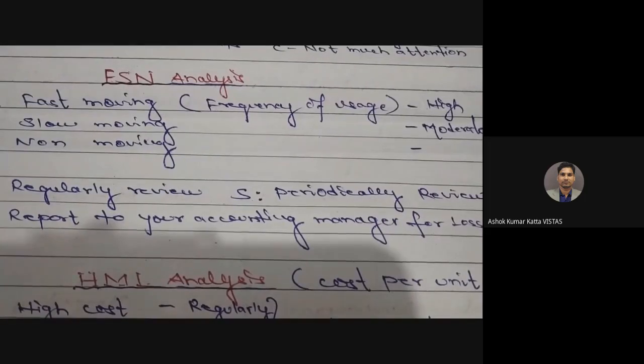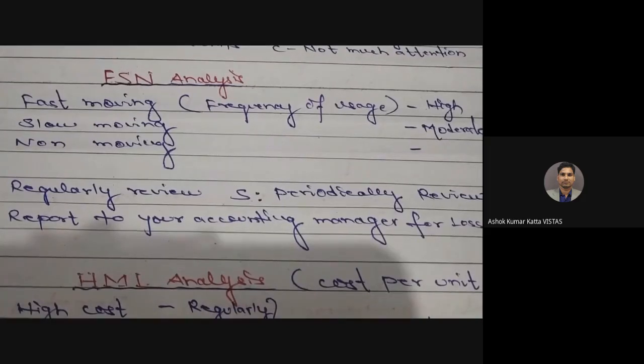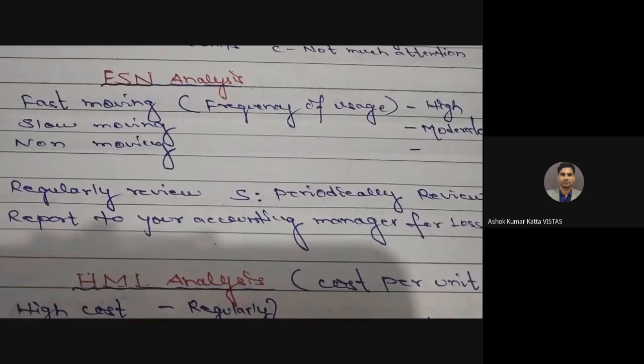If the frequency is very high, then it is called fast moving. If the frequency of moving is less than fast moving, then it is slow moving. And the third one is non moving. Non moving means it is currently not used, it is obsolete. So we'll put that particular raw material or components in the non moving item.